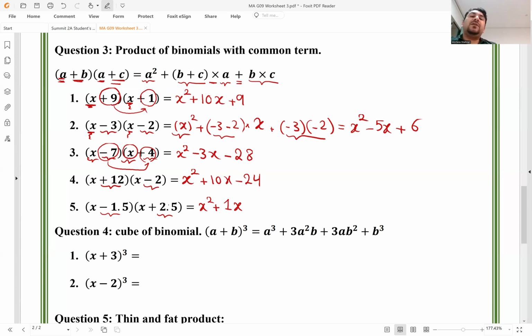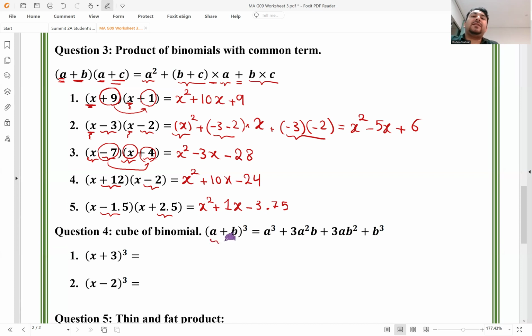You can multiply them. It's going to be negative 3.75.